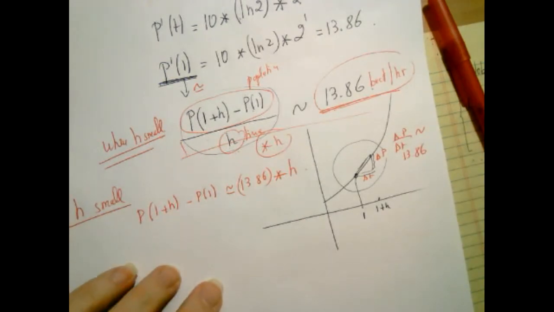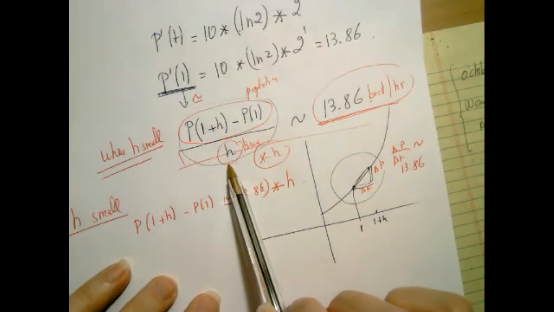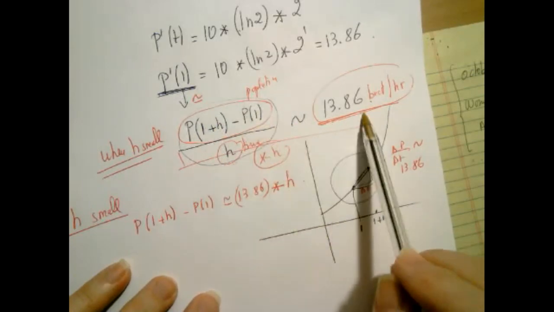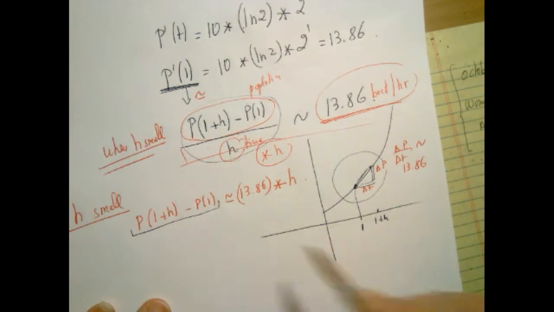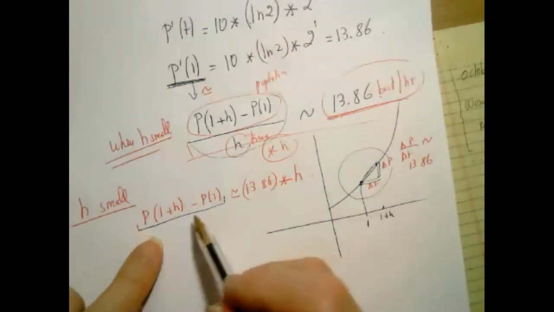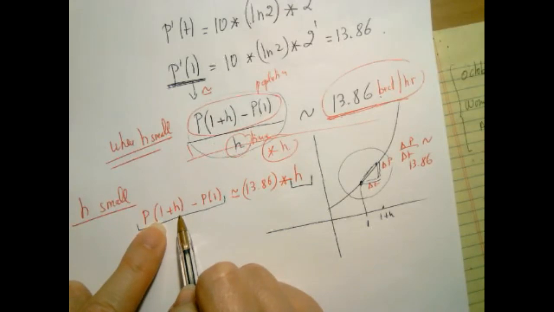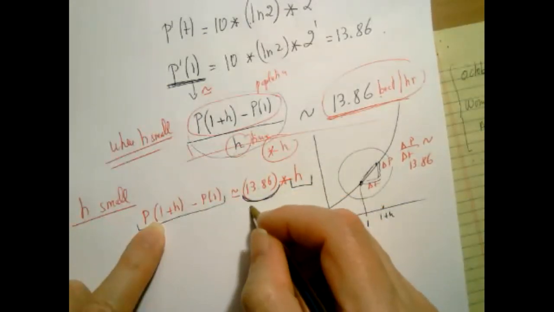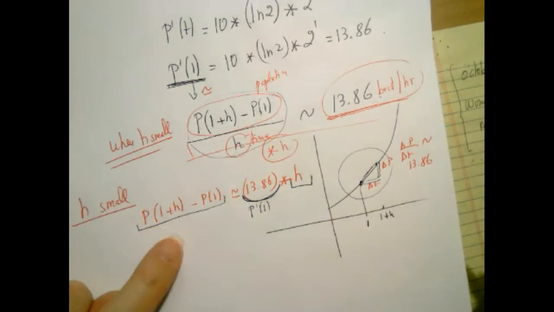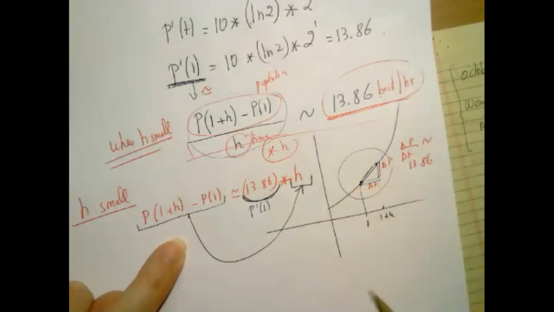And that's the idea I want to emphasize the most. When we compute the derivative, basically we computed the average rate over a small interval of time, that's 13.86. It means that when h is small, the change of population is almost equal to the derivative times the change in time. So this tells me how fast the population is changing with time.